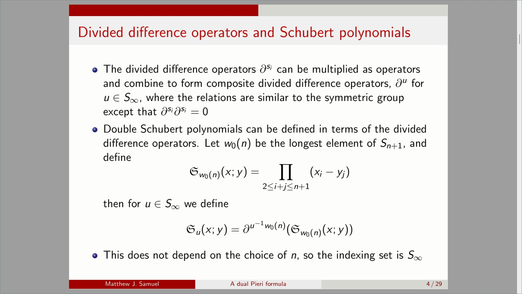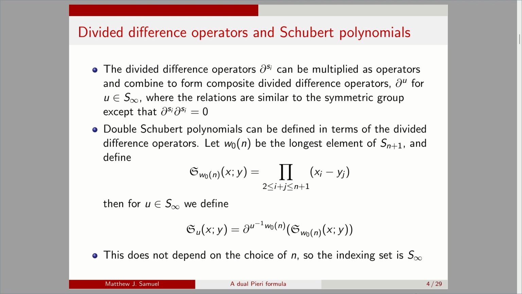So first, we pick an integer n and let w_0^(n) be the longest element of S_{n+1}. Then we define an associated double Schubert polynomial, S_{w_0^(n)}(x,y), as the product, as i plus j goes from 2 to n plus 1, of (x_i minus y_j).